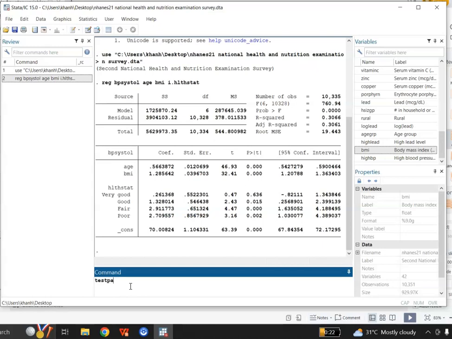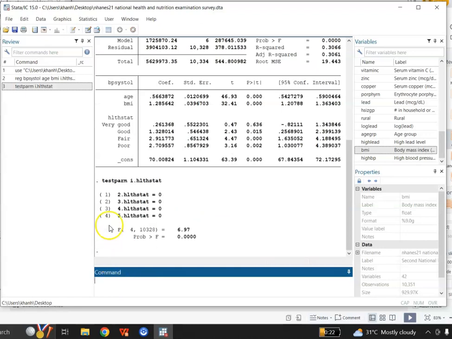So I will write testparm, and I write i.health state. So here is the test result. My null hypothesis is that category 2, 3, 4 and 5, that is very good, good, fair and poor health status, are simultaneously equal to 0, and it uses the F test, and this is its F value.